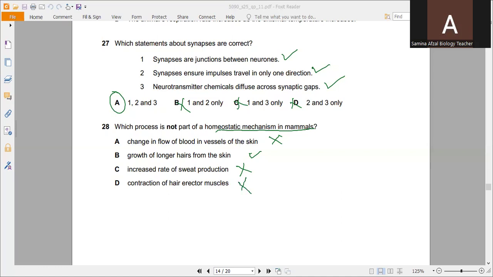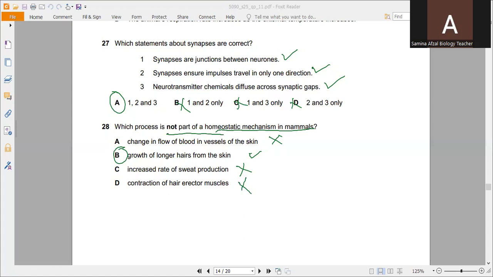Only the growth of long hairs from the skin is not a homeostatic mechanism in mammals. Only B is the correct option. This does not play any part in homeostatic control.